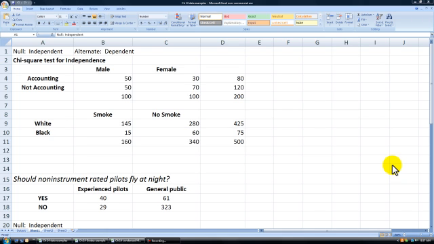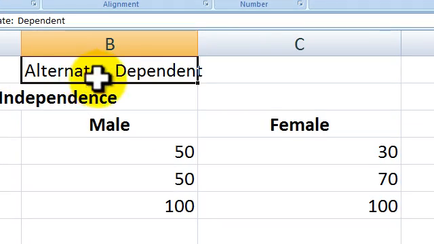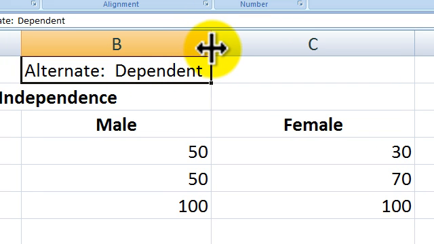So we start out with the null hypothesis that the two variables are independent, and the alternate hypothesis that they're dependent, or basically there is some sort of correlation. Let's say that I wanted to test whether or not gender and accounting major were dependent or independent. So basically I'm wanting to know if someone's male, are they more likely to be an accounting major or less likely to be an accounting major?